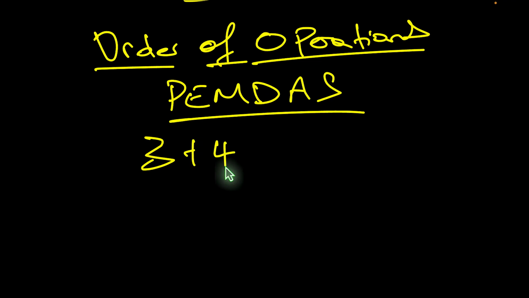Even though in PEMDAS it's spelled out as M and D for multiplication, division, and A and S for addition, subtraction, and we have the P and the E, of course, for brackets or parentheses, and the E for exponent. It's really the same thing, but here is what really matters.